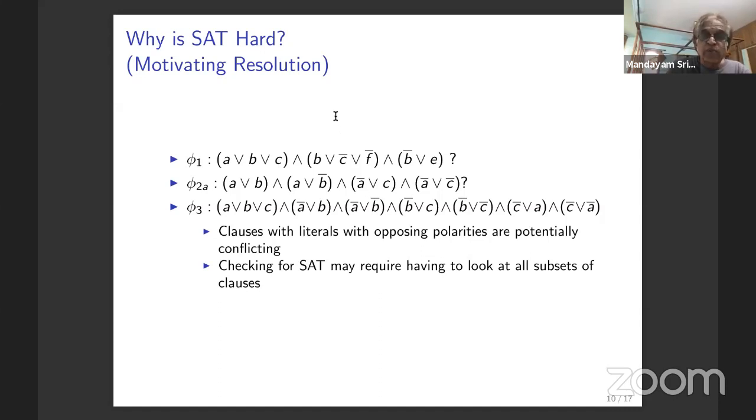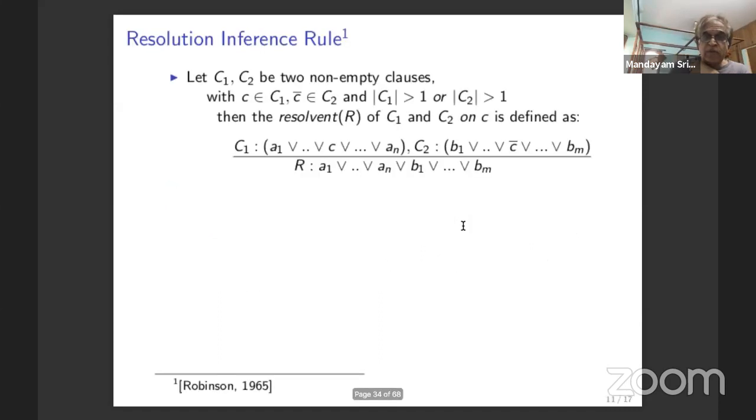And the resolution principle is based on that observation that two different clauses can be potentially conflicting only if there are literals in them of opposing polarities. So here is the resolution principle, attributed to Robinson, who introduced it in a paper in 1965.